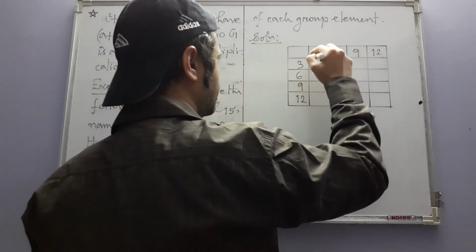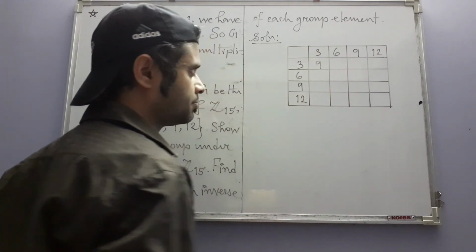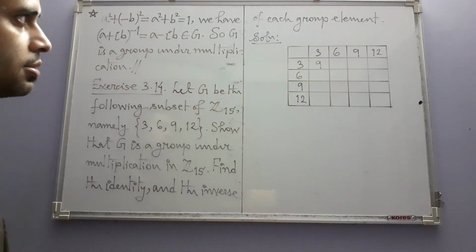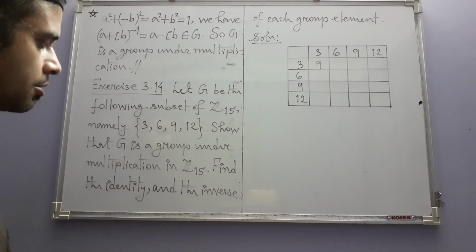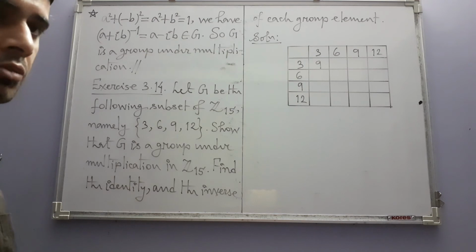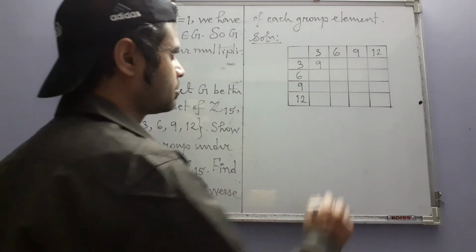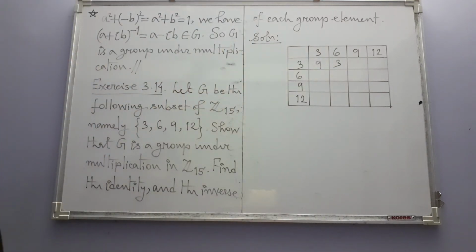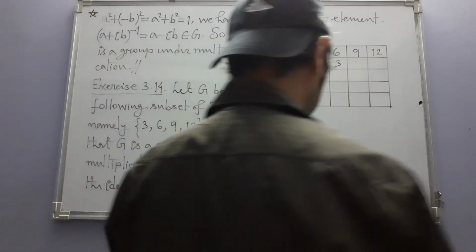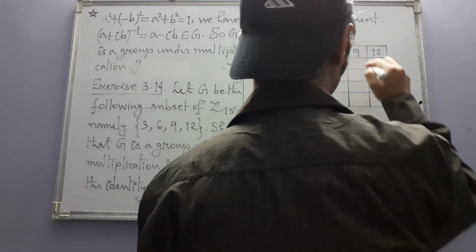For example, 3 times 3 is 9. 3 times 6 is 18. So when you divide 18 by 15, the remainder is 3. So this is 3. Like that, if you calculate the other products, you will see that you get this.